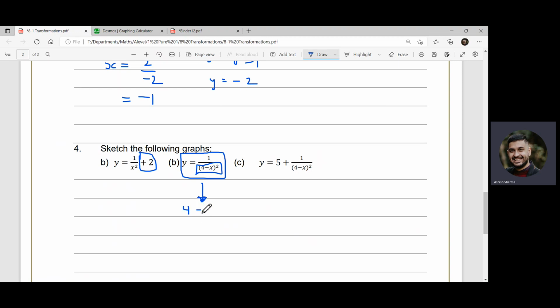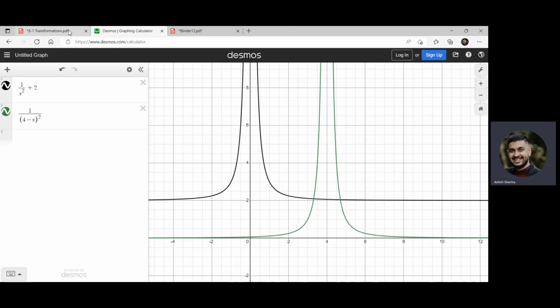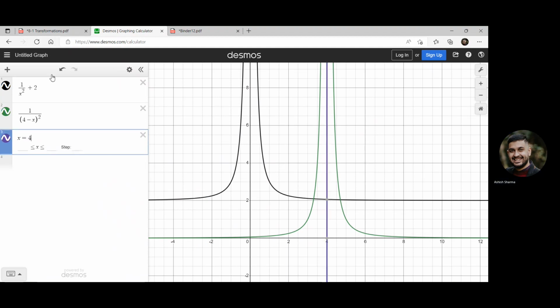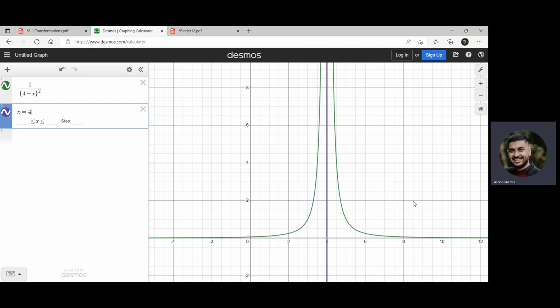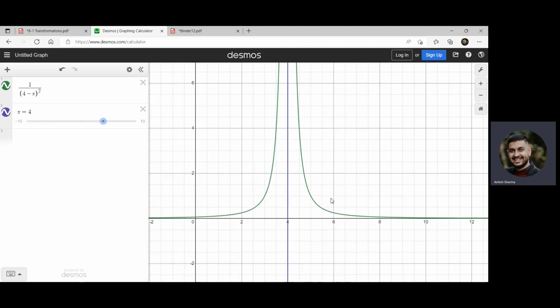If I look at that denominator, 4 minus x squared, I know that if I put in 4 for x, I'd have y equals 1 over 0 squared, which doesn't exist. So we know, therefore, that the x value of 4 is an asymptote. It does not exist around there.